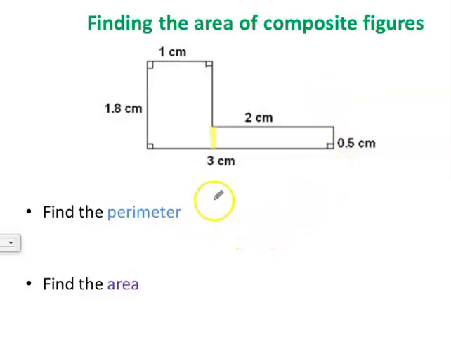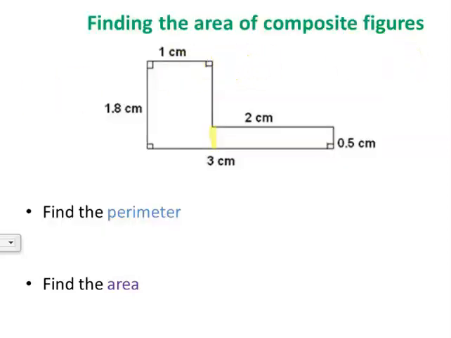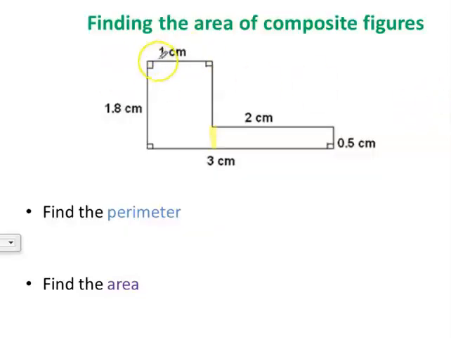So let's start with the perimeter. We just go around this figure and add all the side lengths together, because that's all we do when we work with perimeter.